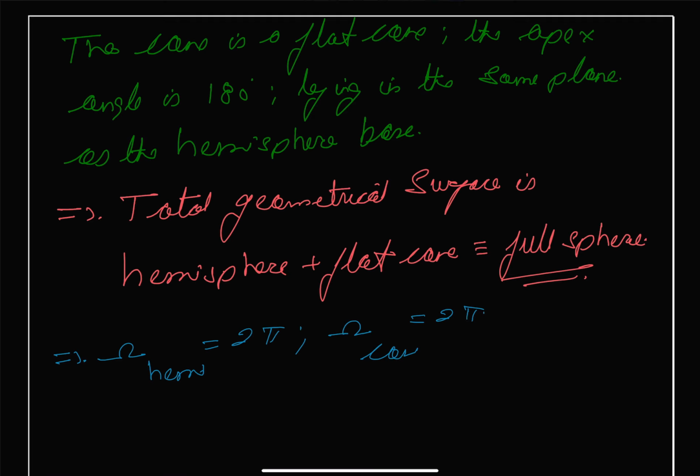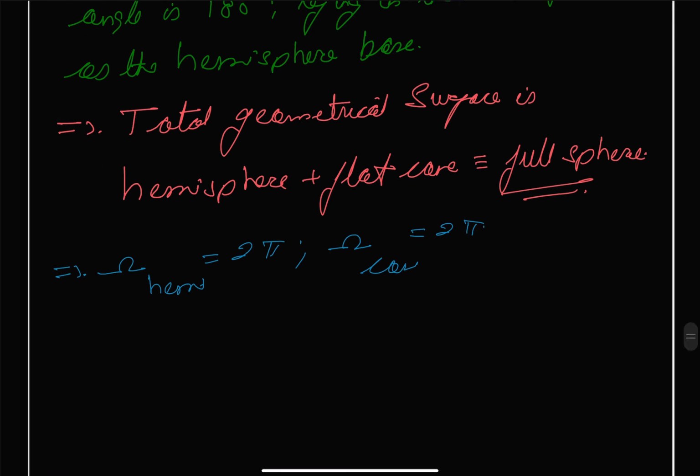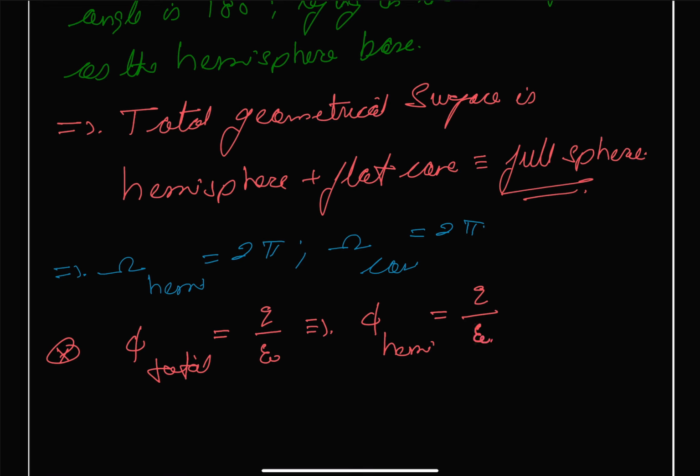Now we are going to find out the flux. So we can say our phi total will be equal to, by Gauss theorem, Q by epsilon naught. And from here we can say our flux for the hemisphere will be equal to Q upon epsilon naught times the solid angle for the hemisphere divided by 4 pi.